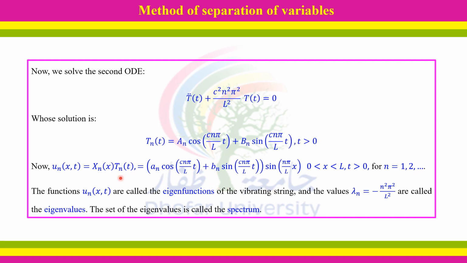That means we have an infinite number of solutions that are obtained by substituting the different values of n. Now these functions U_n of x and t are called the eigenfunctions of the vibrating string, and the corresponding lambda_n's are called the eigenvalues, or also may be called the spectrum.